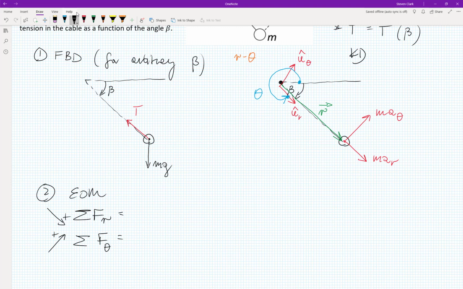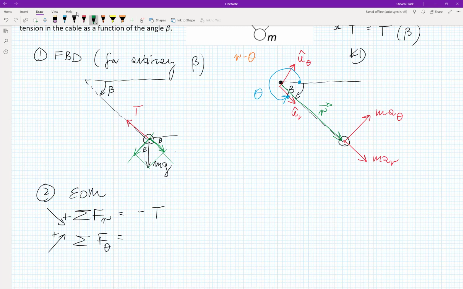So what happens in the R direction? We have minus T. And I think I should project mg on this direction and this direction. So if beta is here, beta will be here, and beta will be here.